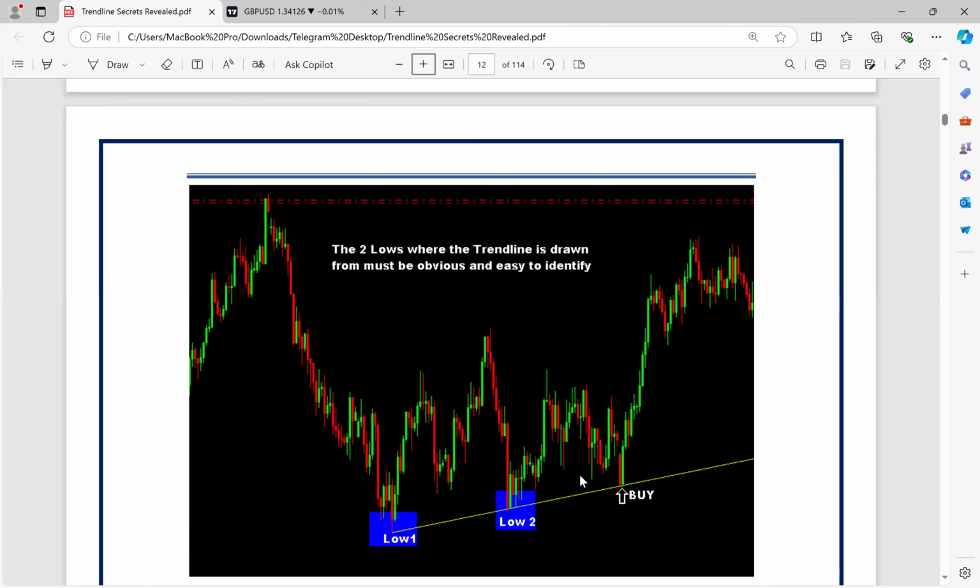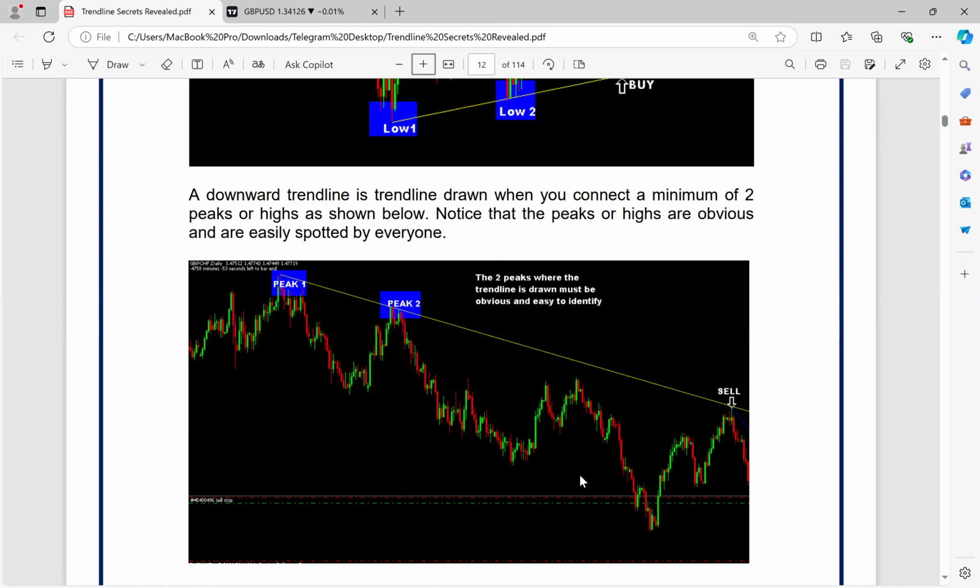I'm going to do you guys a favor. I'm going to send you this PDF directly to the group. Then you can go and finish everything in this course, on this PDF, because as I've explained it now, once you really read the PDF and go through the videos I've helped you with, you will be able to understand the trend line perfectly.